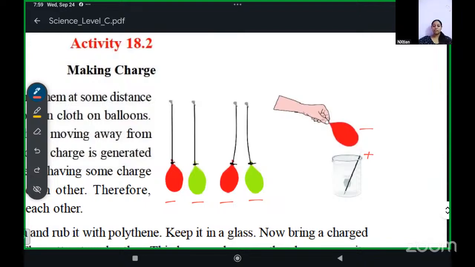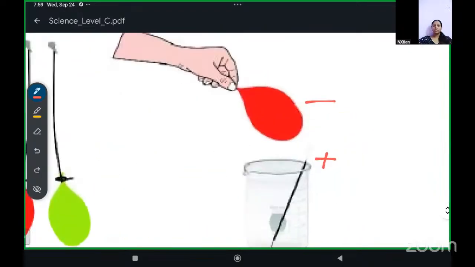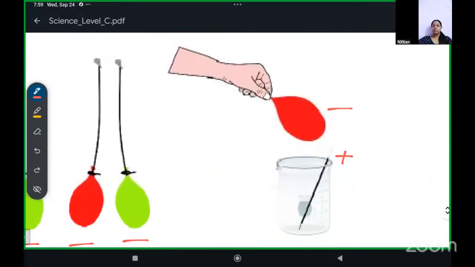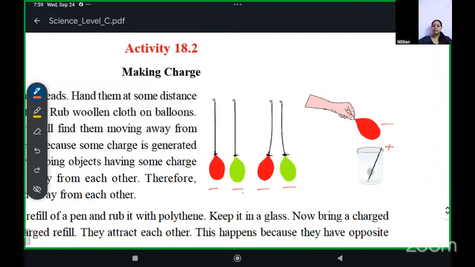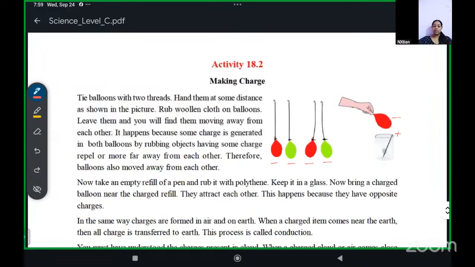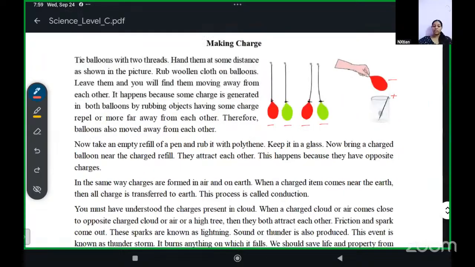So it is positively charged. Now, when you bring them closer, they both attract, because different charges are there.